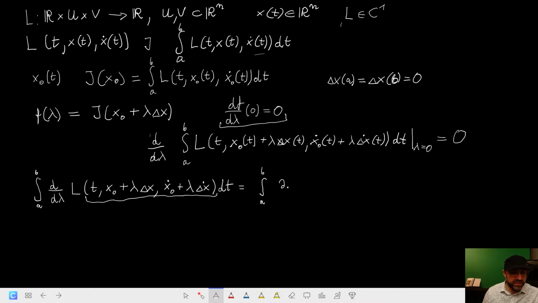Now we don't need to worry about derivative over t because it is not dependent on lambda.